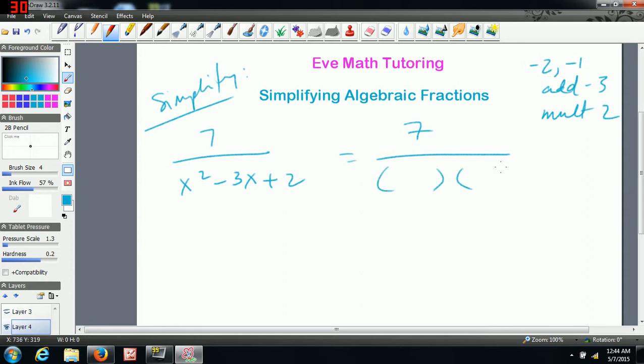So that means I could rewrite the bottom as x minus 2, x minus 1. And at that point I'm done. And at this point I could say that x does not equal 2 and x does not equal 1. So I can state the restrictions for my answer, because if x equals 2, then this would be 0. Or if x equals 1, this part would be 0. So if either of these were 0, that would make the whole denominator 0.